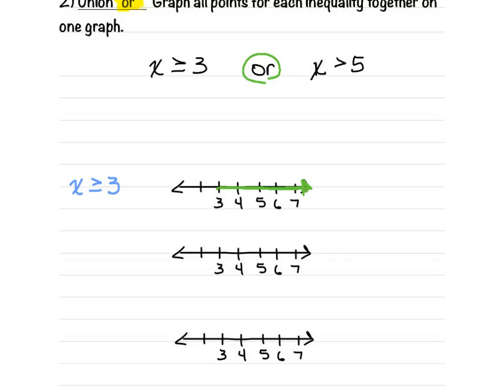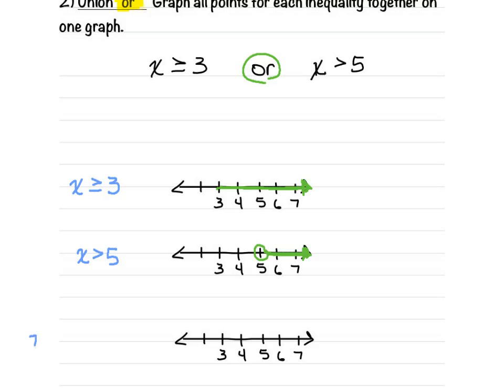If I graph x is greater than 5, I would have an open circle on 5, and I would shade everything to the right. Because it's a union, I'm uniting both of these graphs together. I want to include all of the solutions from one inequality as well as all of the solutions from the other inequality.